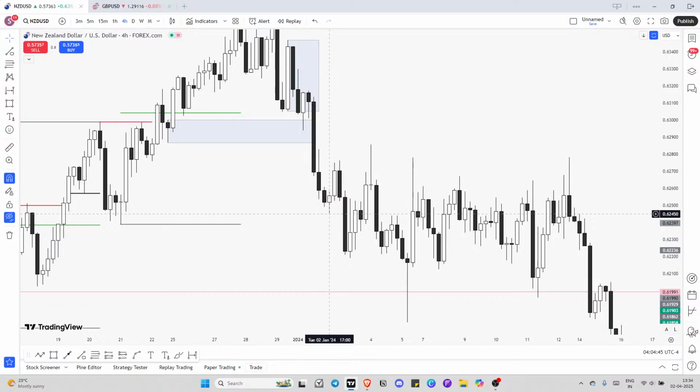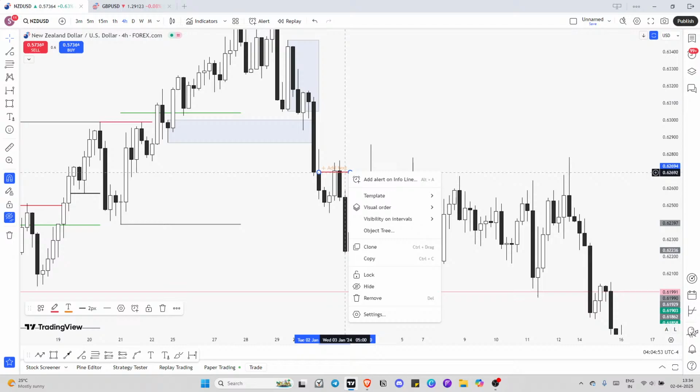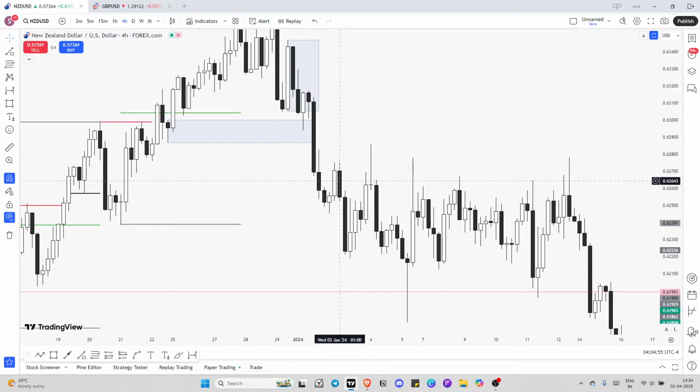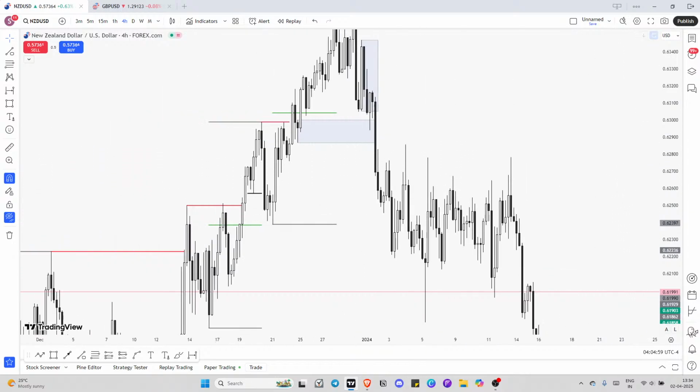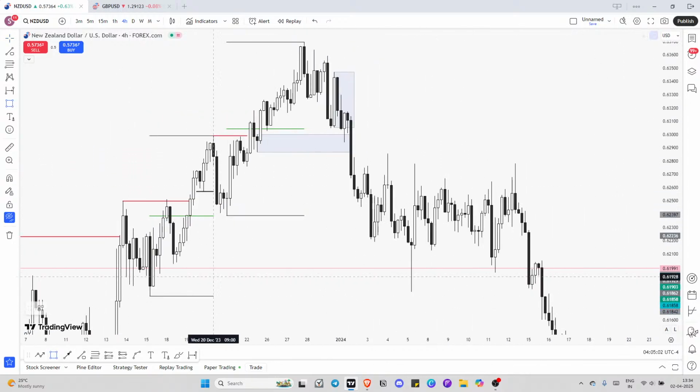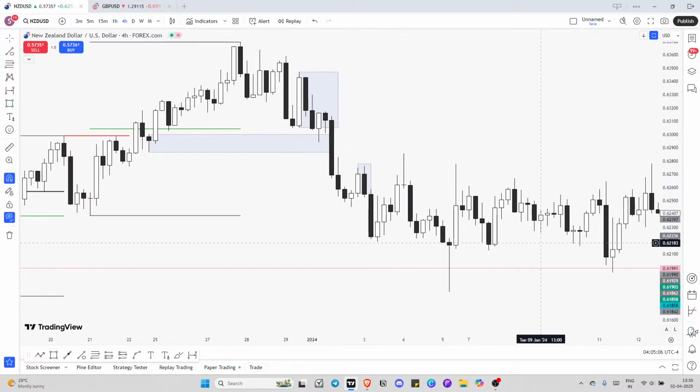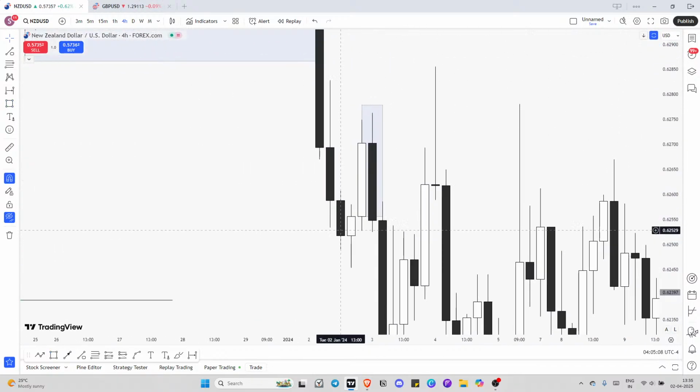See, it actually gives an entry. Yeah, maybe if you got in here you would have been red, but no worries. Next, we will take this area and use that to our advantage.